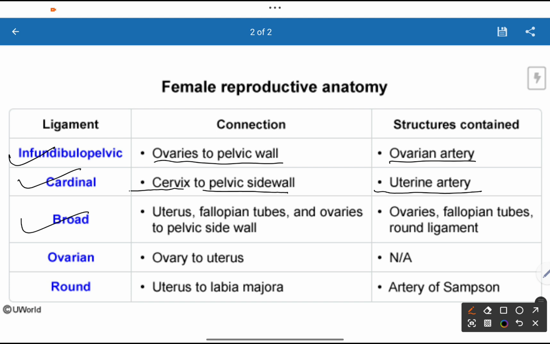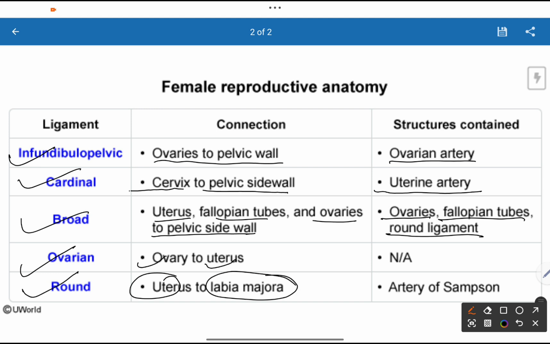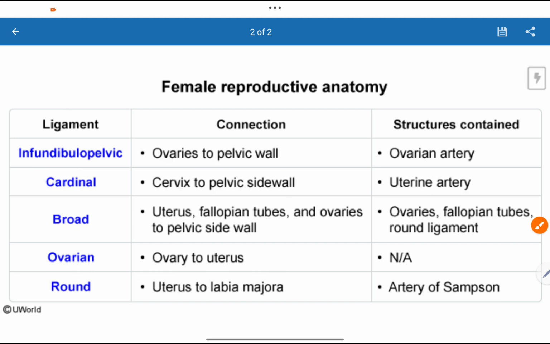The broad ligament helps the uterus, fallopian tubes, and ovaries attach to the pelvic side wall, and it contains the ovaries, fallopian tubes, and round ligament. The ovarian ligament is also called the utero-ovarian ligament, so it attaches the ovary to the uterus. The round ligament helps the uterus attach to the labia majora, and it contains the artery of Sampson. Okay, so I think I'm right.